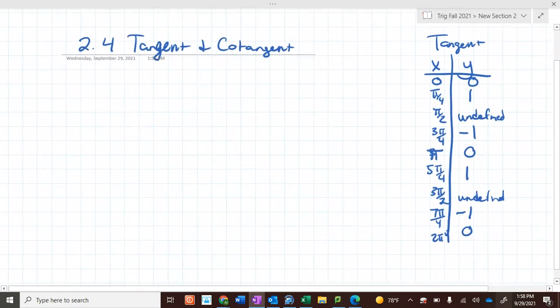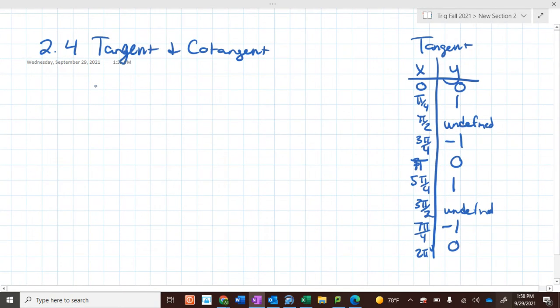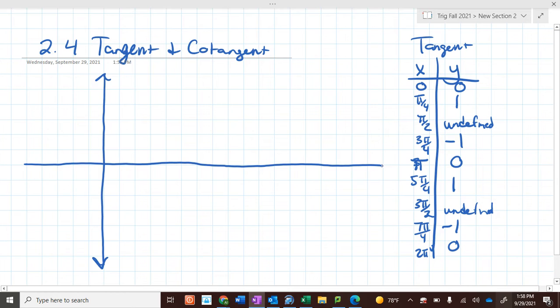So what will it look like? So there's pi over 2, pi, 3 pi over 2, 2 pi, and if we need to, we'll go over to 5 pi over 2. All right.